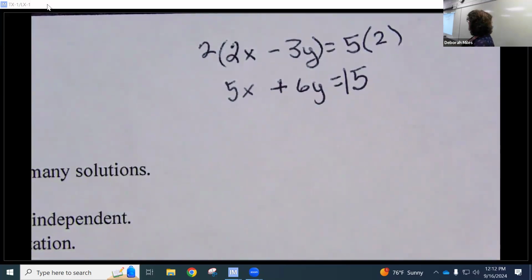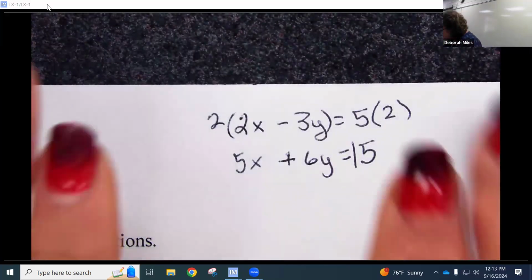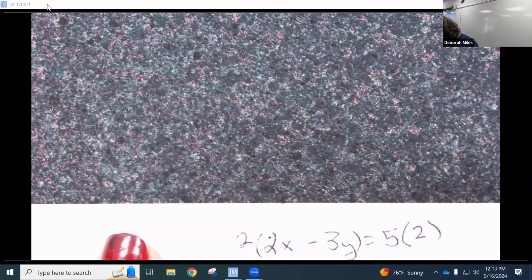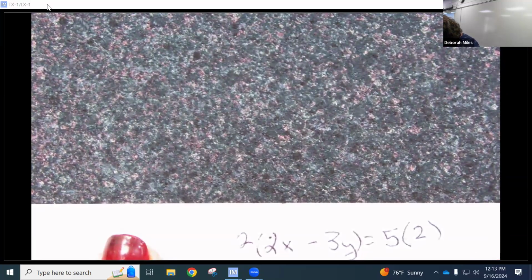All right. What I just realized that I did not have an example of. Ooh, maybe it happens in the word problems though. I bet it does happen in the word problems. Sometimes you have to multiply both equations by something. For example, let's say this had been 2x minus 5y equals 5 and 5x minus 3y equals 15.